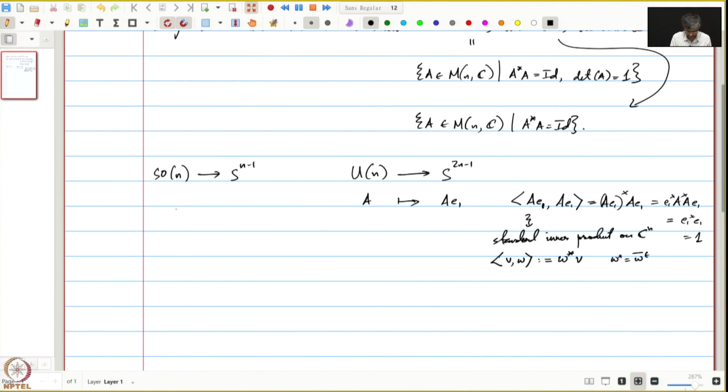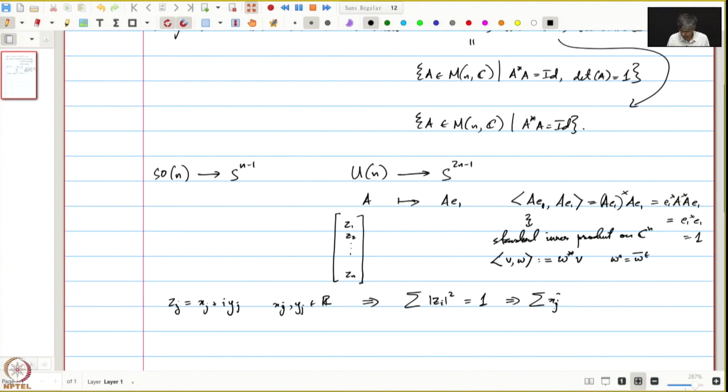But also notice that the first column of A consists of complex numbers Z1, Z2 up to Zn. If I write each Zj as xj plus i yj, where xj and yj are real numbers, then since the inner product is 1, the summation of mod Zj square is equal to 1, which implies that the summation of xj square plus yj square, j equal to 1 to n, is equal to 1.